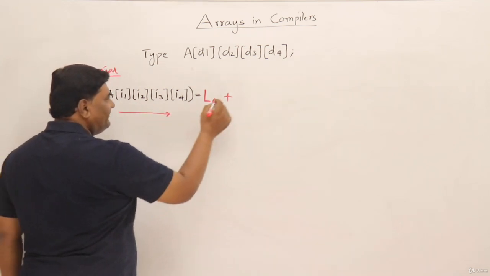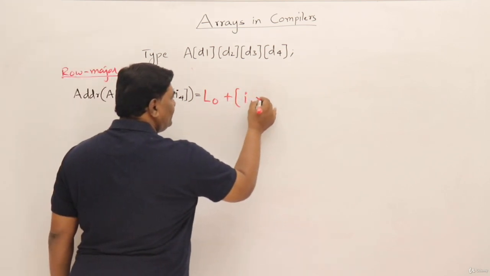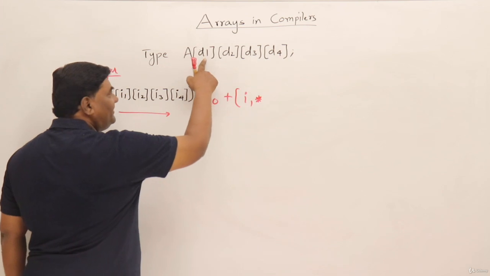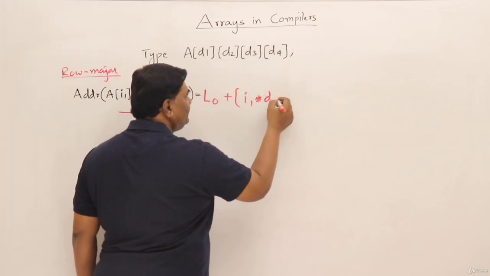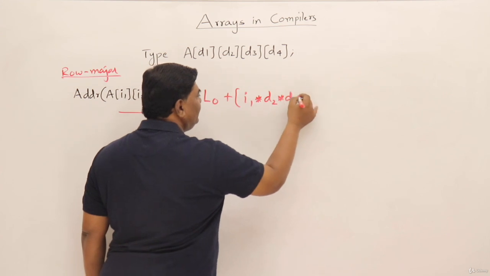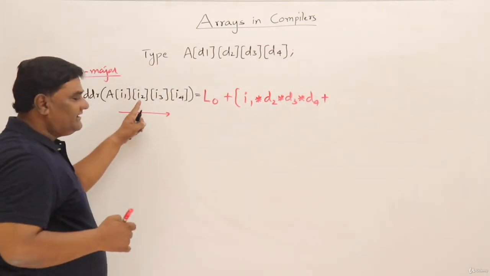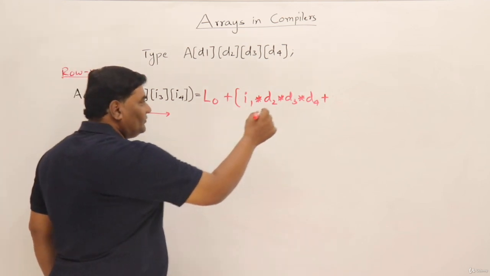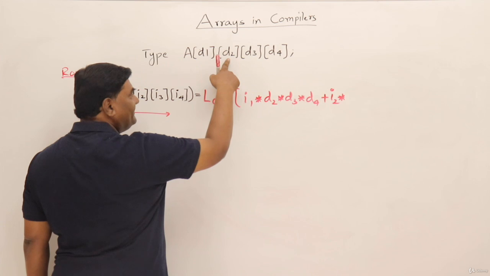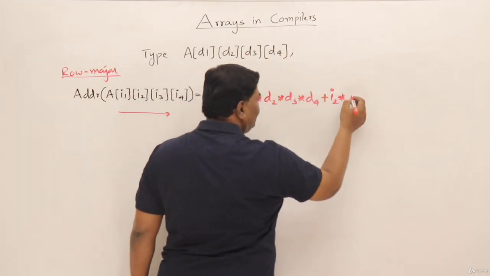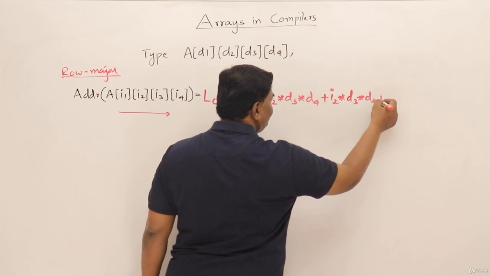So let us take, first is I1, the first index, multiplied by, leaving first dimension, multiply rest of all the dimensions. So this is D2 into D3 into D4. Now second index, that is I2. I2 is multiplied by, after dimension 2, all the dimensions should be multiplied. So this is D3 into D4, dimension 3 and dimension 4.